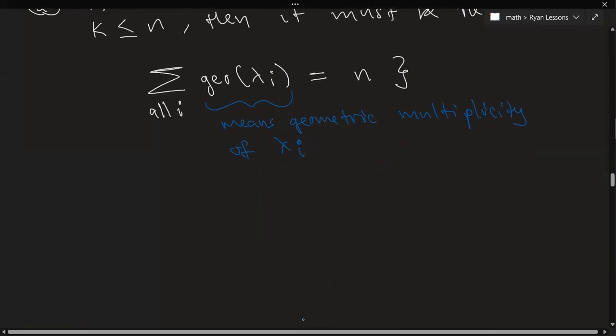But then my question now is, do you know how to diagonalize a matrix?